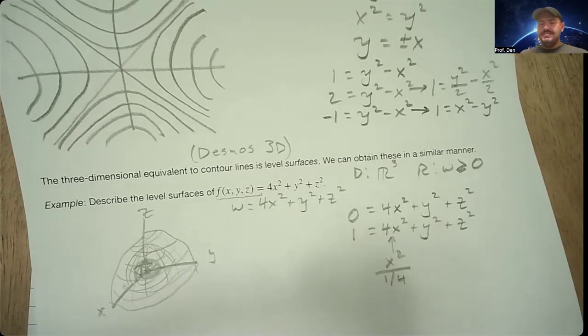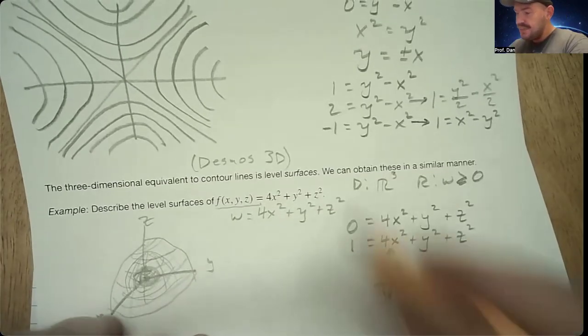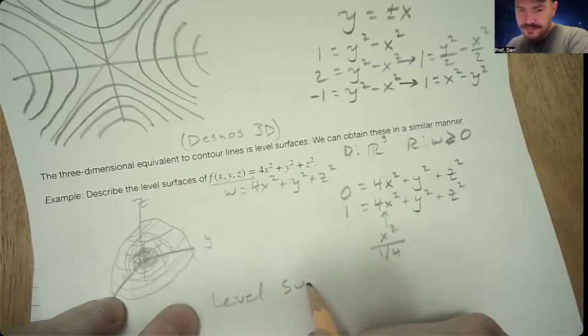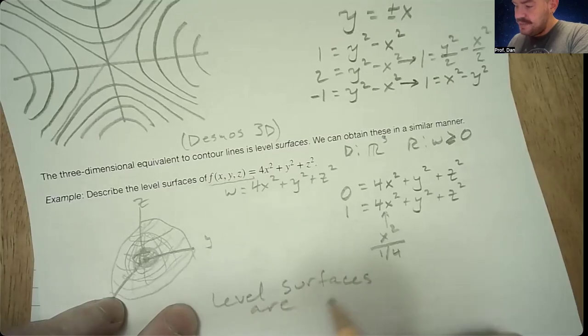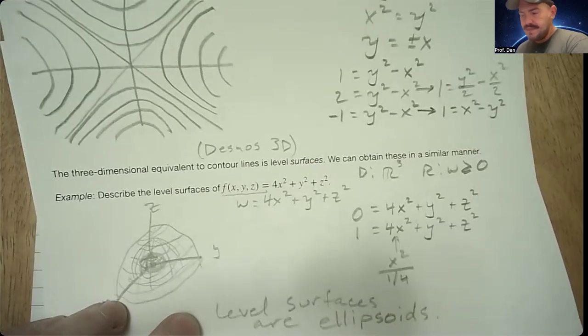It's like that, but infinitely. So the level surfaces are ellipsoids.